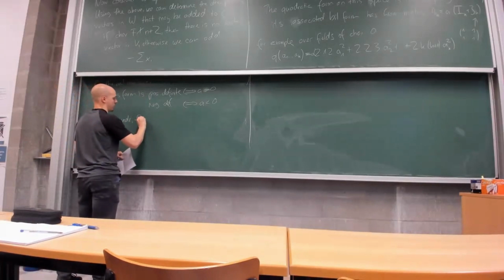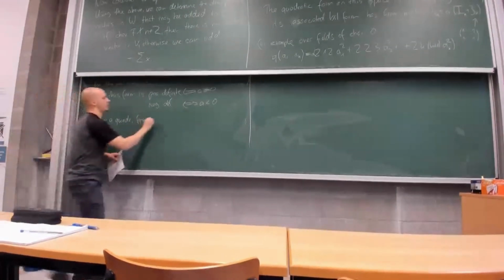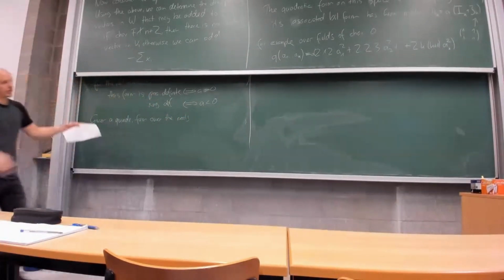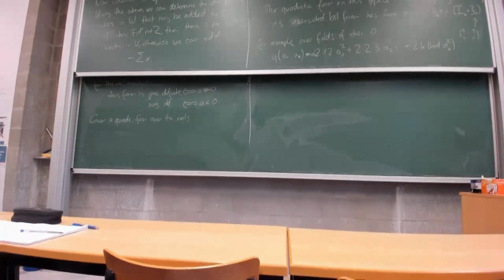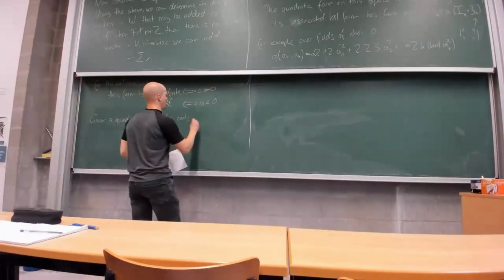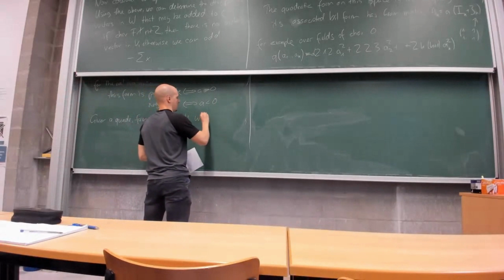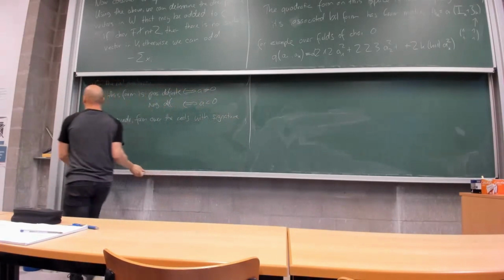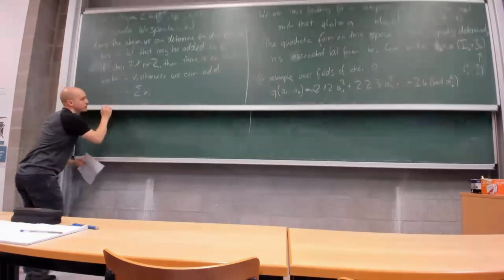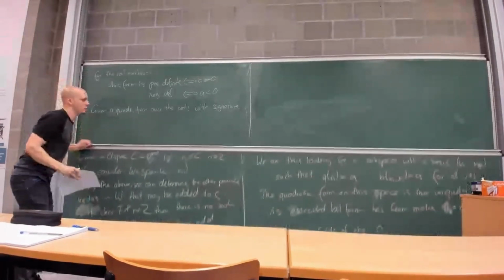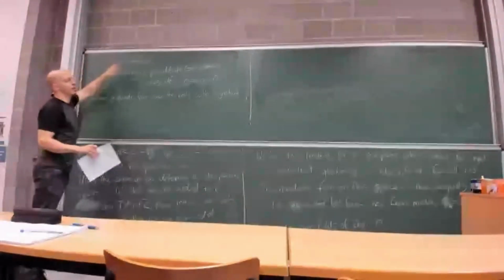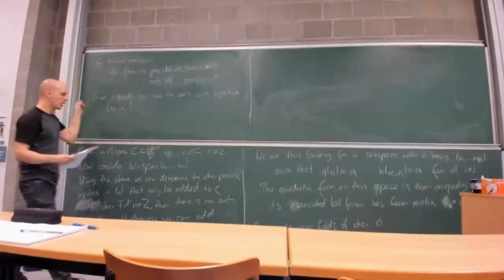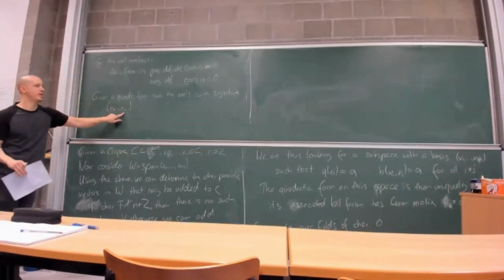So given a quadratic form over the reals, from linear algebra we know it is uniquely determined by its signature. That's Sylvester's law of inertia. So we can diagonalize this quadratic form, respectively its associated bilinear form, and we can count how many positive entries are on the diagonal, how many negatives.